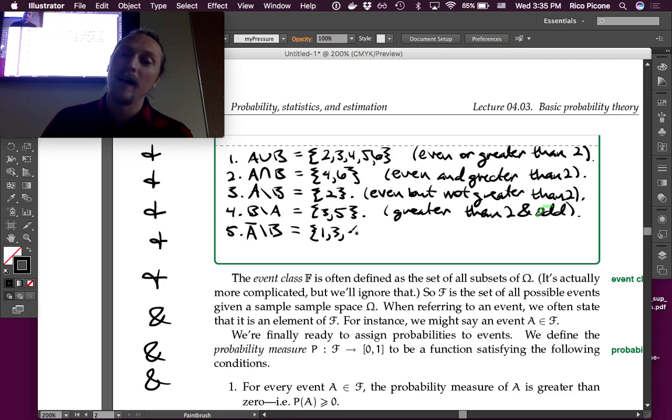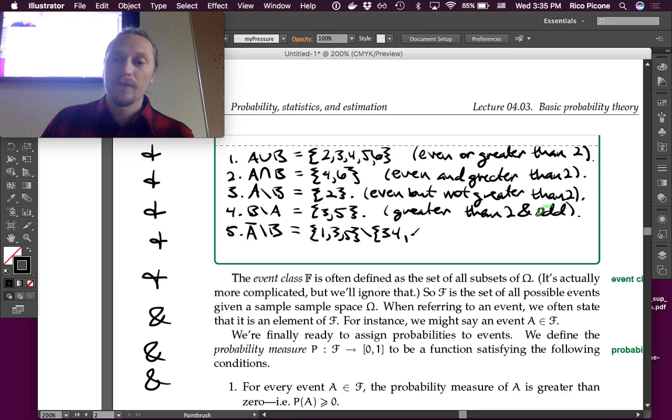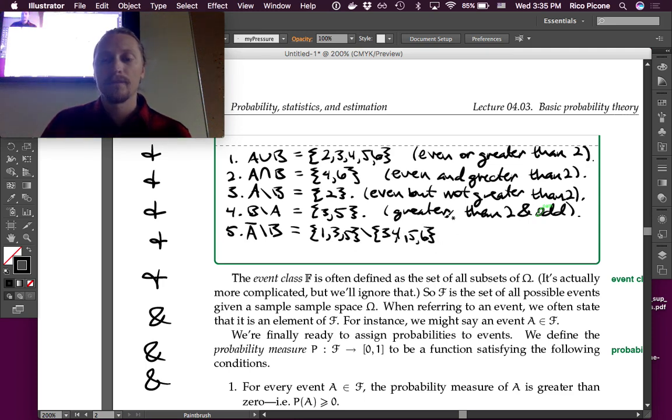And then minus B, which was 3, 4, 5. Where did that 6 come from? Because the set is omega, not B. Since A is all even, all the odds from omega come out into the A bar.